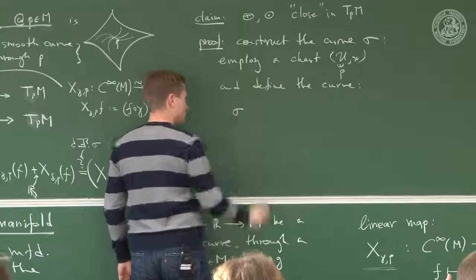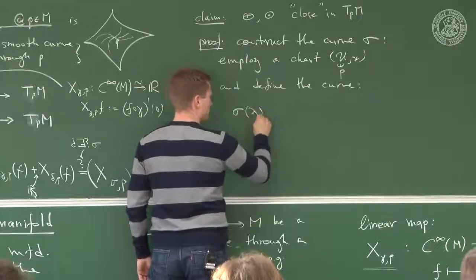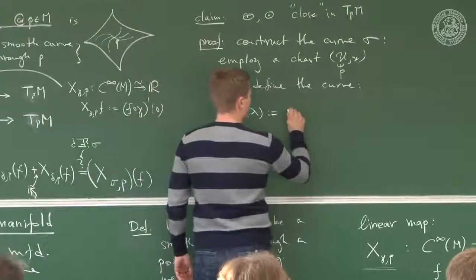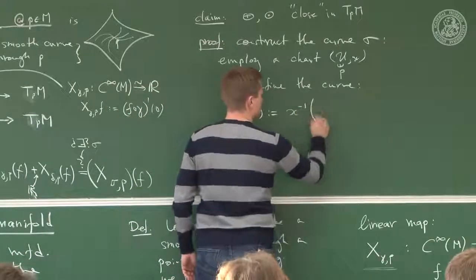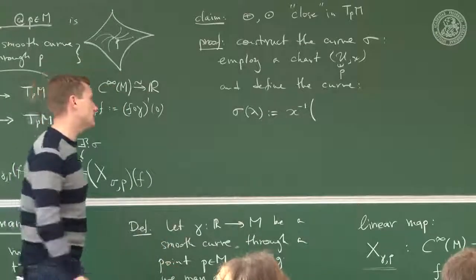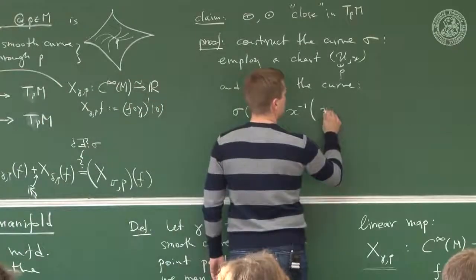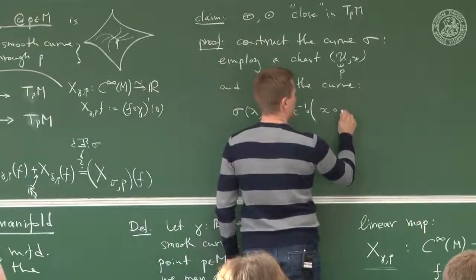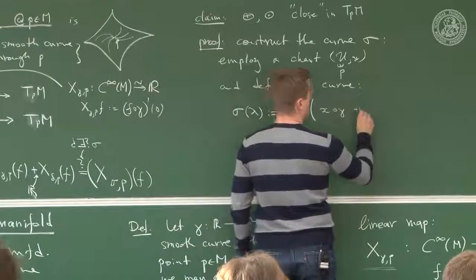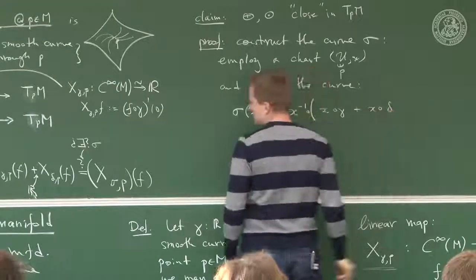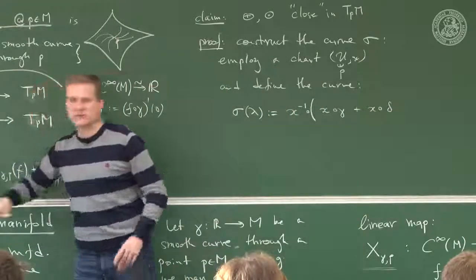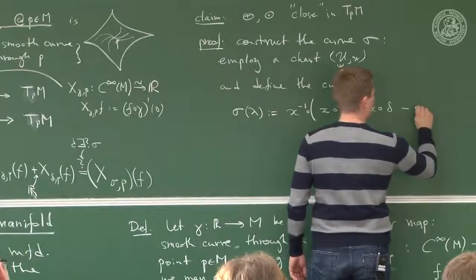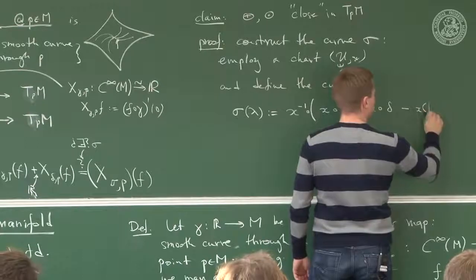The curve is sigma, and it depends on a parameter lambda, and it's built as follows. It is x inverse, so I take the inverse of the chart map, after x after gamma plus x after delta. So gamma and delta are these two curves whose tangent vectors I want to add, minus x of p.